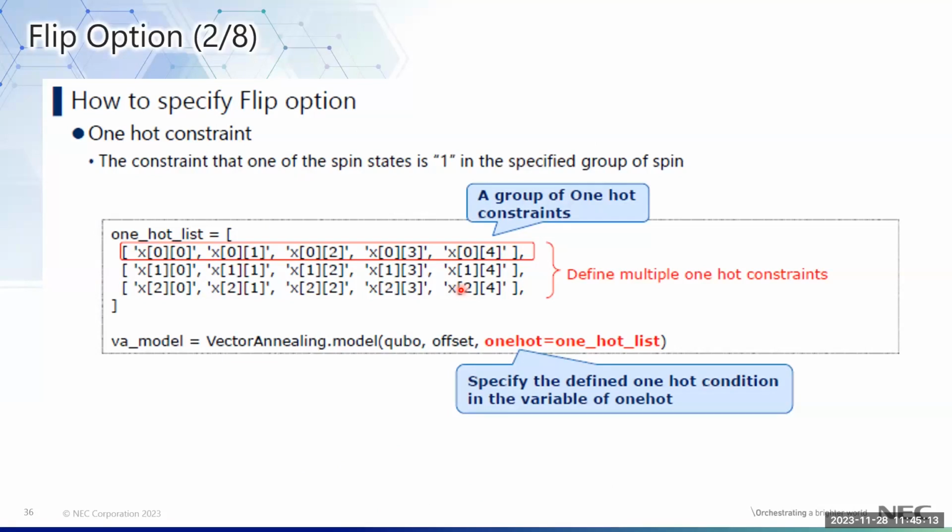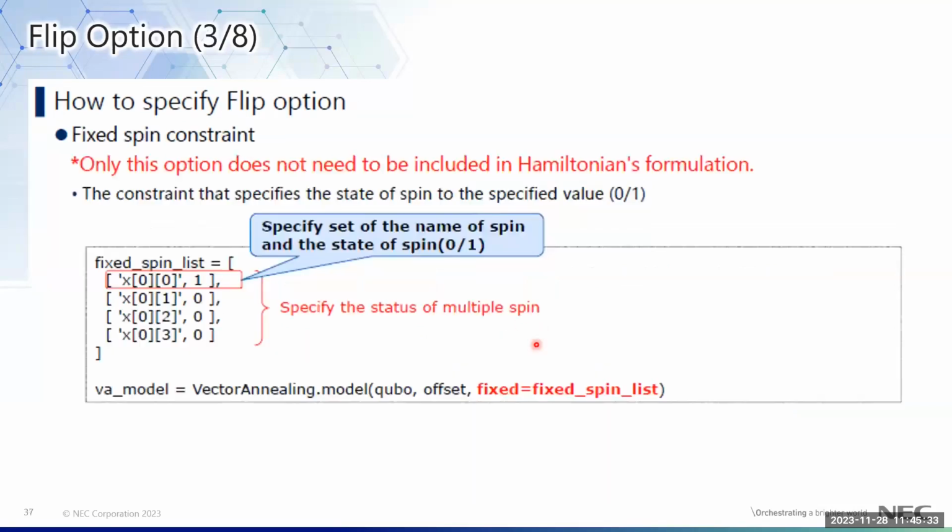If you're specifying multiple one hots as a list, then you can send the entire list, which is a group of one hot constraints, into the one hot parameter. That's another way to specify this flip option. Similarly, when you have multiple fixed spin constraints, you can send the fixed spin list into the fixed variable in the VA model.